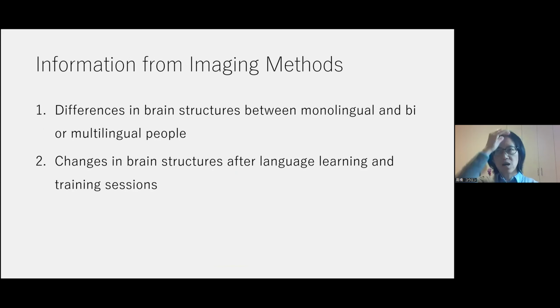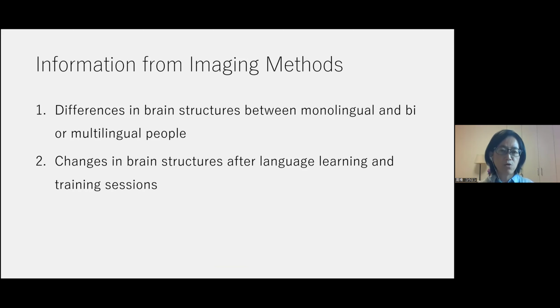And then, of course, there is much research in that field, and some of it related to second language acquisition is generally conducted in the following two approaches. The first one is they compare differences in brain structures between monolingual and bilingual or multilingual people.